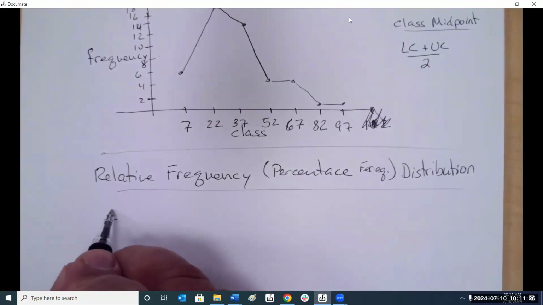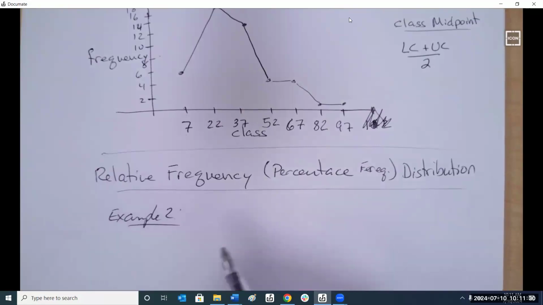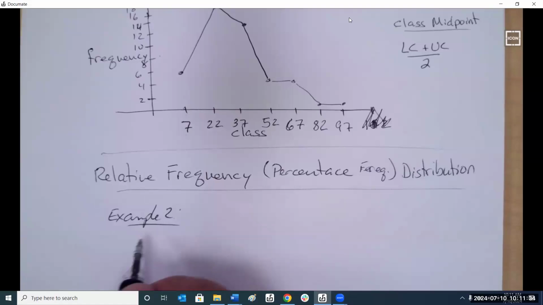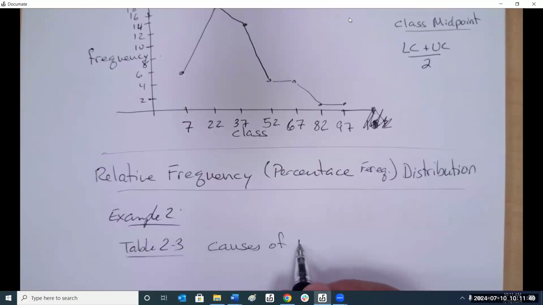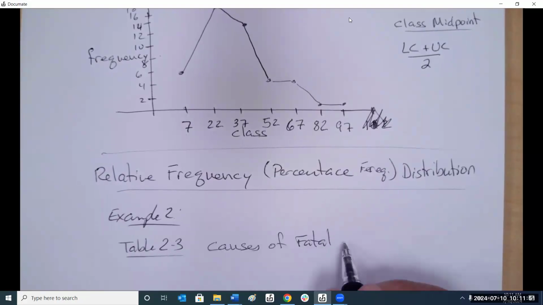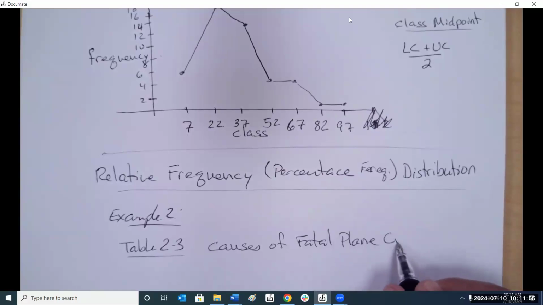For example, as you can see on your sheet, we have another one. The cause of fatal aircraft accidents. This is table 2.3. Causes of fatal plane crashes.